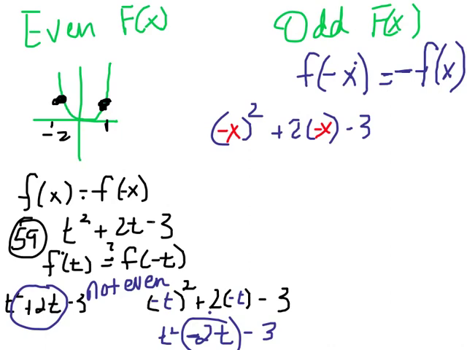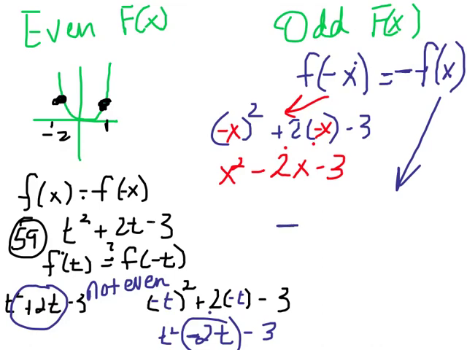So negative x squared would be x squared, right? Positive 2 times negative x would be negative 2x, and minus 3. So that's what I get when I plug negative x in. Now I'm going to do it again, except this time I'm going to put negative f of x.